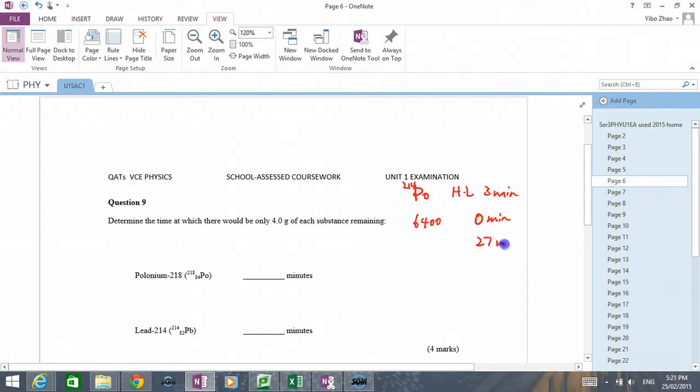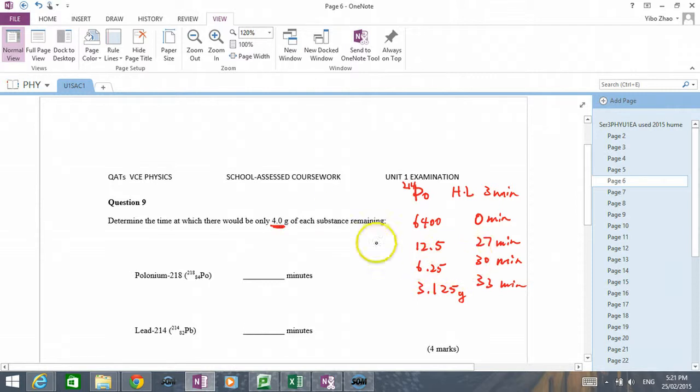At 27 minutes, I have 12.5 grams. At 30 minutes, one half-life later, I have 6.25. At 33 minutes, I have 3.125 grams left. Now we need to find the time that is 4 grams.